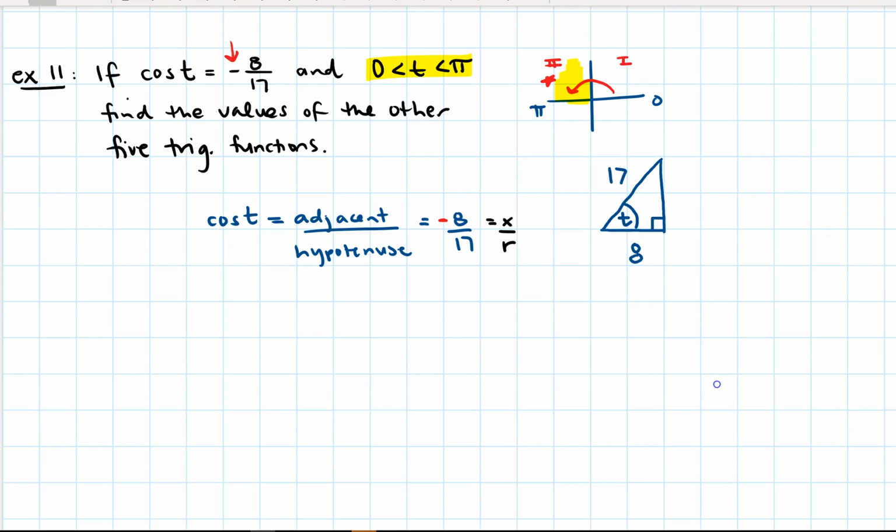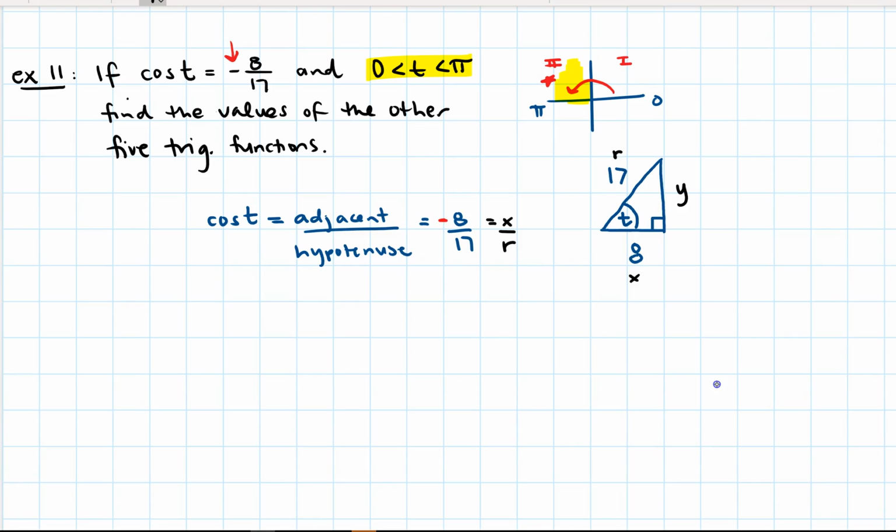You can use a different letter since we're already dealing with x and r. At least that's how I've set up the triangle in terms of definitions. That must be that we have a side y that is missing.